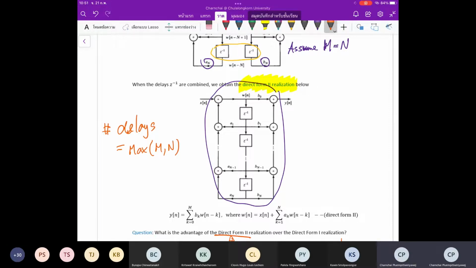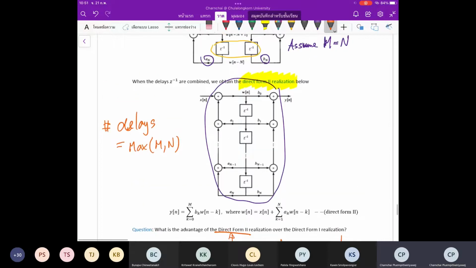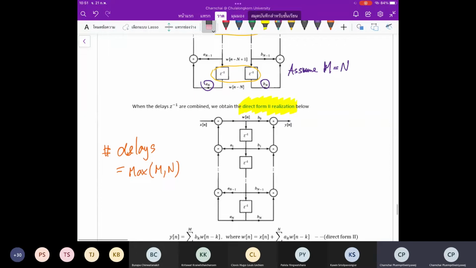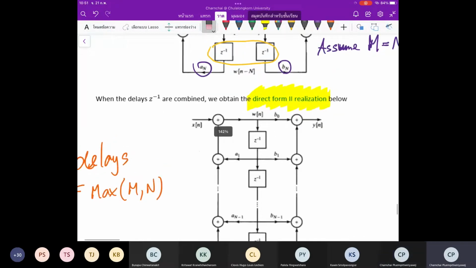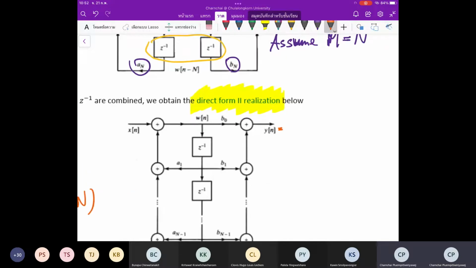Here for direct form 2, what's the equation? If you write this, yn here is equal to what?